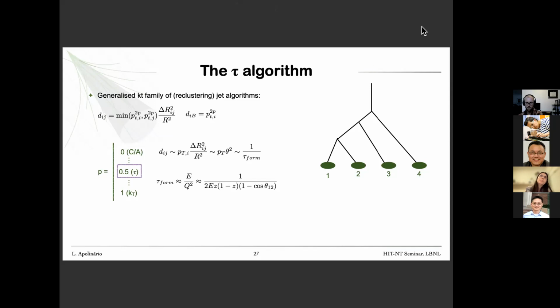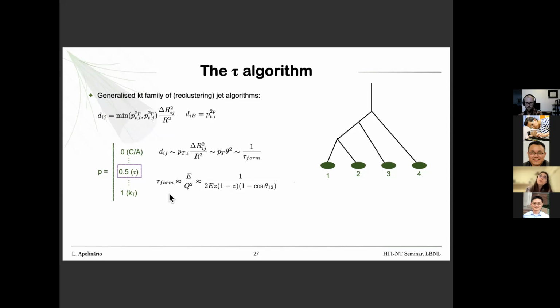The reason for this is that at the end you will end up with something proportional to the inverse of the formation time of your particle. And the formation time, of course, is just the inverse of the invariant mass, boosted by the energy of the particle.